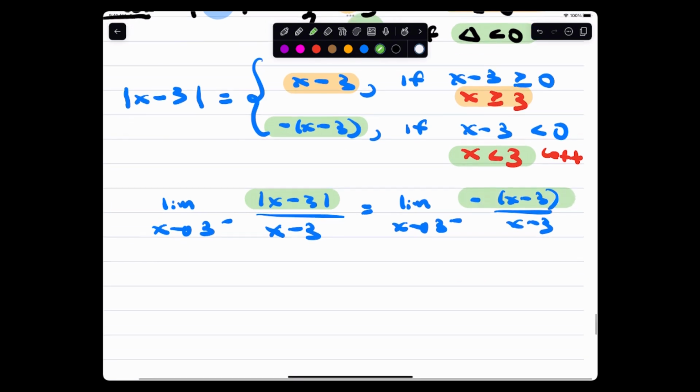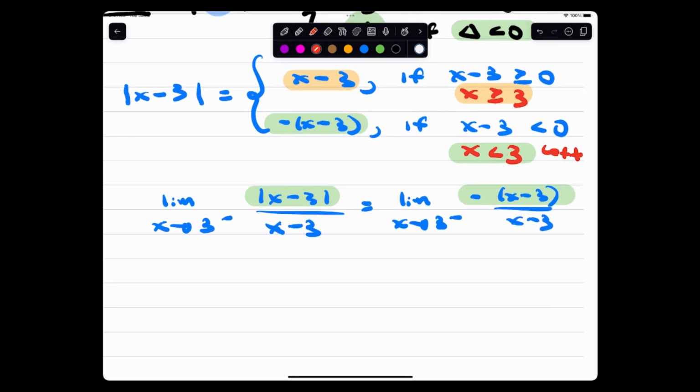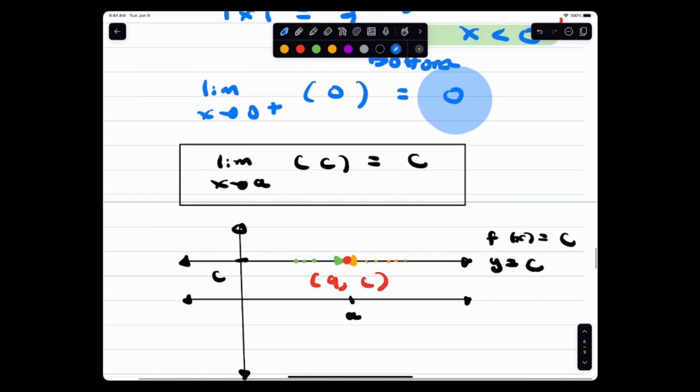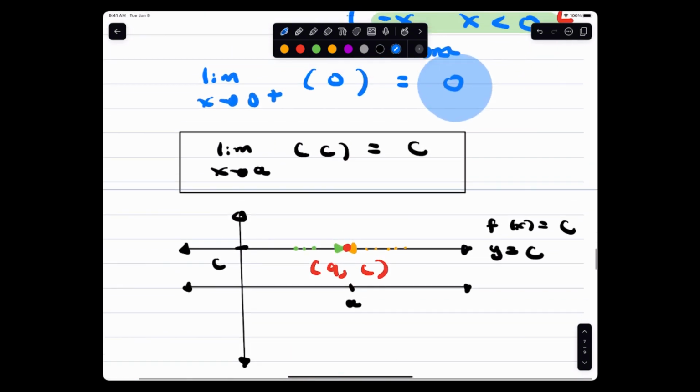Now, what happens with the algebra? This is nice. With the algebra, what do you guys see here? Doesn't that cancel? The limit as x goes to 3 from the left of negative 1. Now, that's a limit of a constant. Negative 1 is a constant. What did we say the limit of a constant was last time we were here?